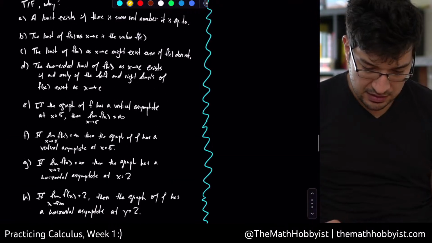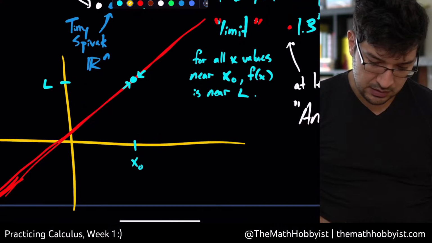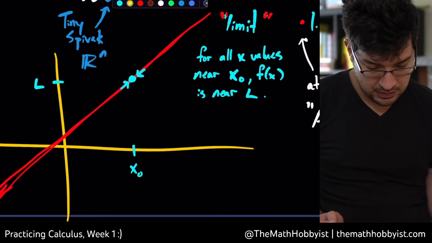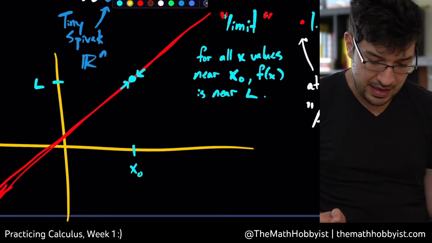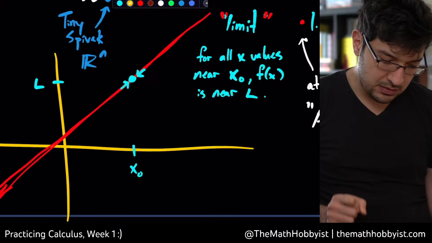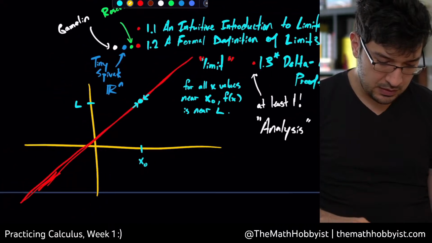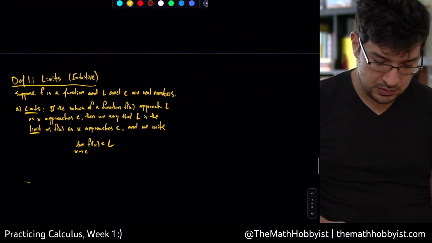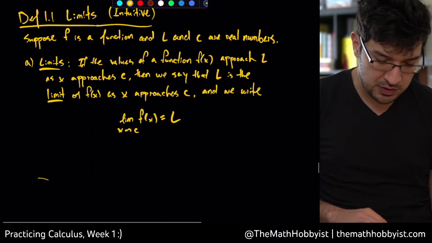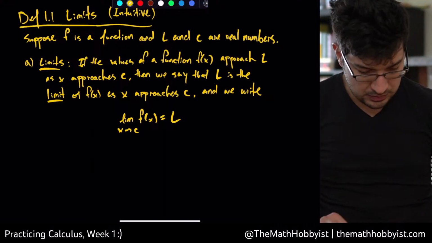I said verbally, and also wrote down, the limit of f at the point x naught is L if for all x values near that point, f of x is near L. If the values approach L as x approaches C, then we say that L is the limit.